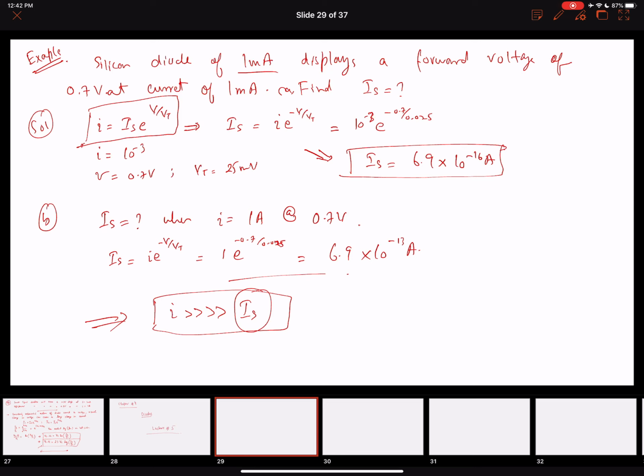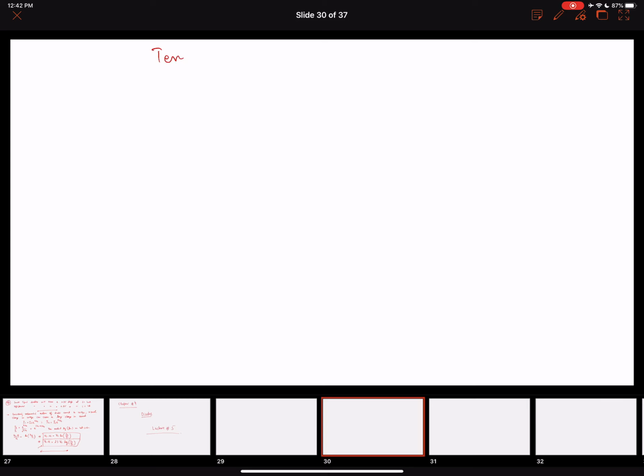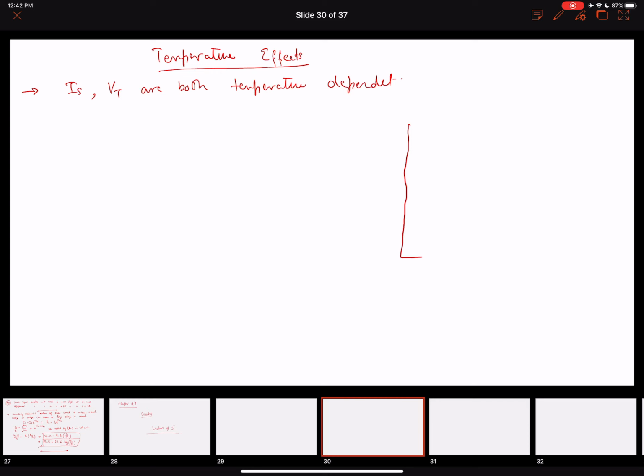Now we are going to discuss a couple of quick concepts, and then we will do one more example problem in this lecture. Temperature effects. We discussed earlier that our Is, the scaling current, and the thermal voltage are both temperature dependent. Right, so let me make a plot here.